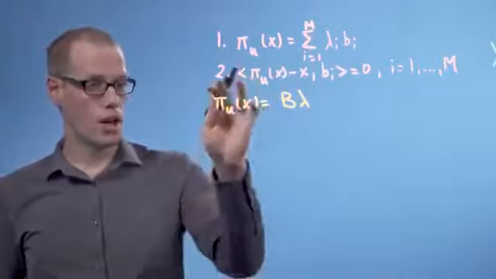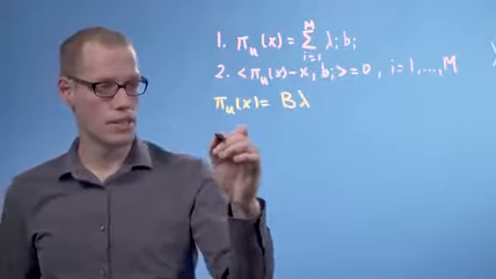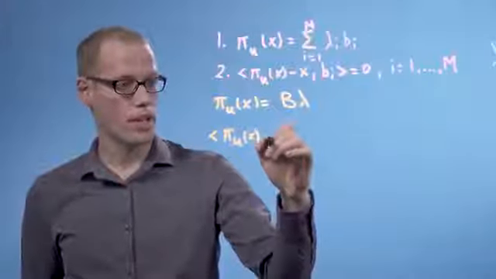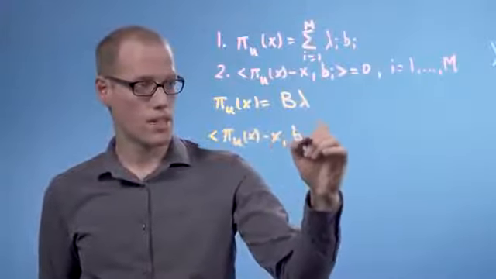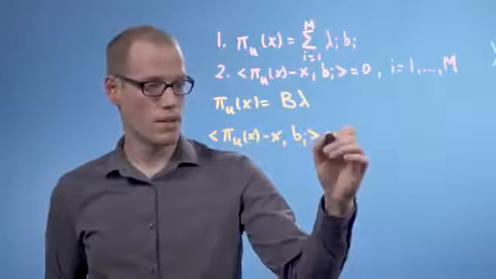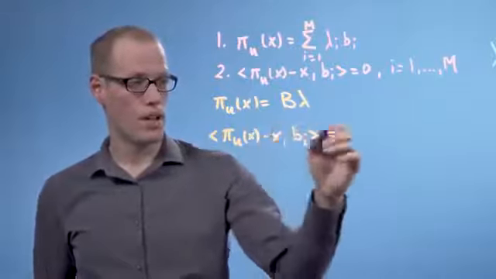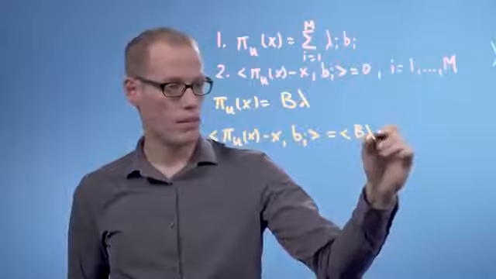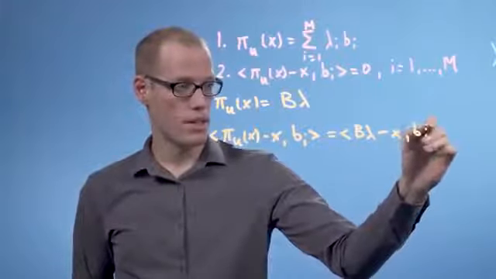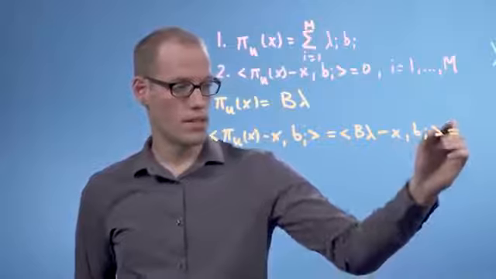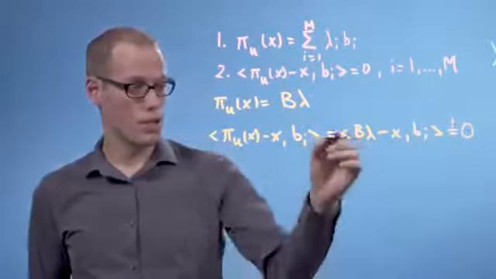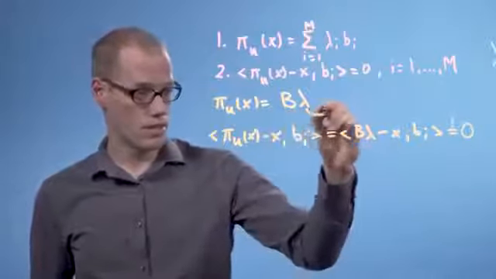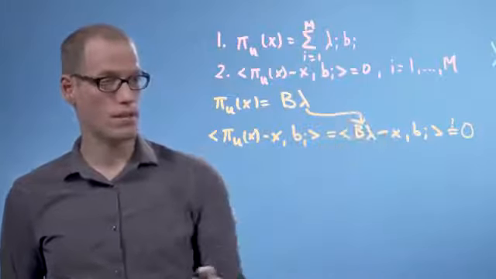Now, if we use our second property, we'll get that pi u of x minus x, inner product with bi, is now equivalently written as the inner product of B lambda minus x and bi, and this needs to be 0, where I just used the definition of pi u of x in here.